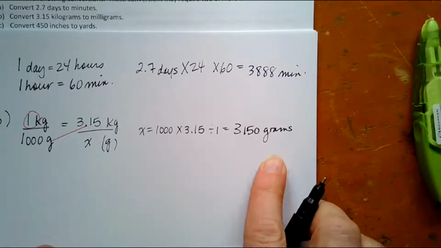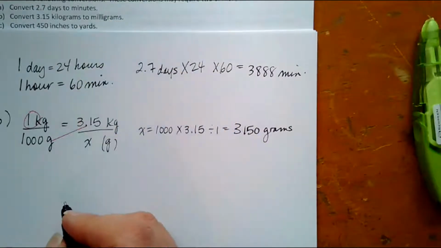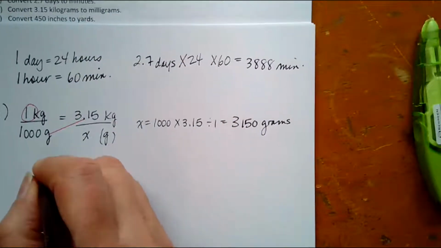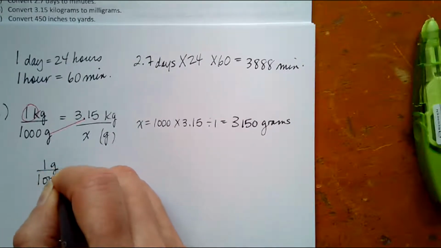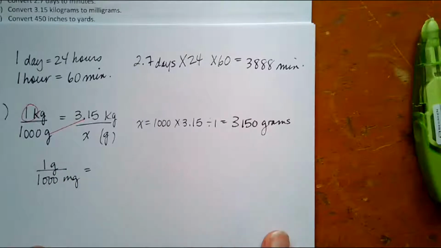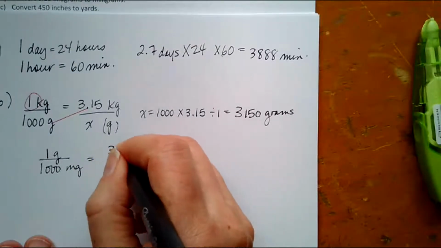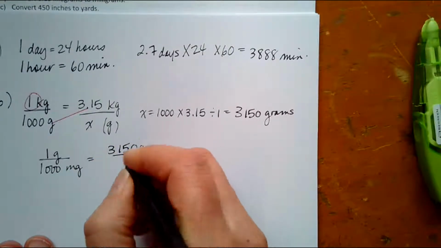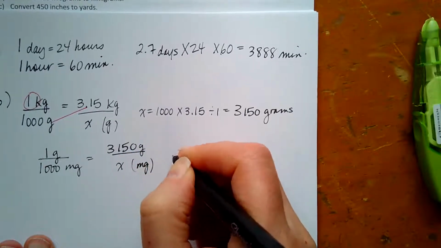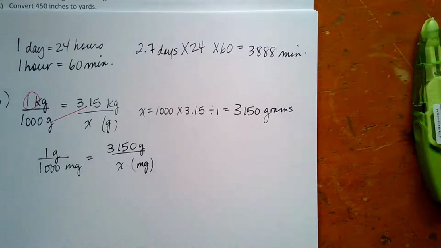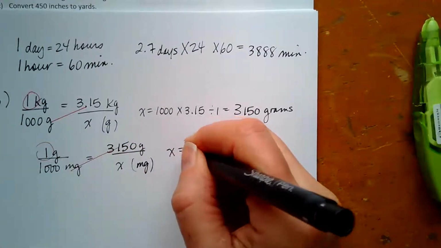Okay, so that's my halfway point. Now I have to convert to milligrams. Well, I go back to page 4 and I find that 1 gram is equivalent to 1,000 milligrams. So that means I have 3,150 grams. Finally, I'm going to get my final answer here. So again, multiply, divide.